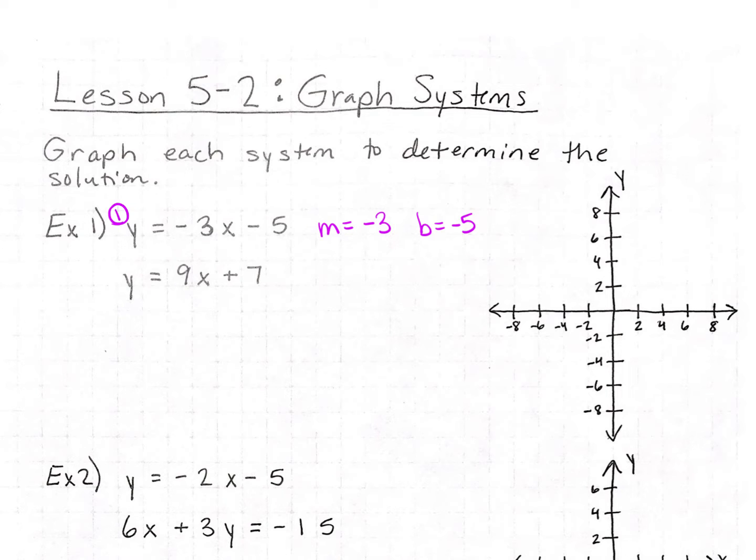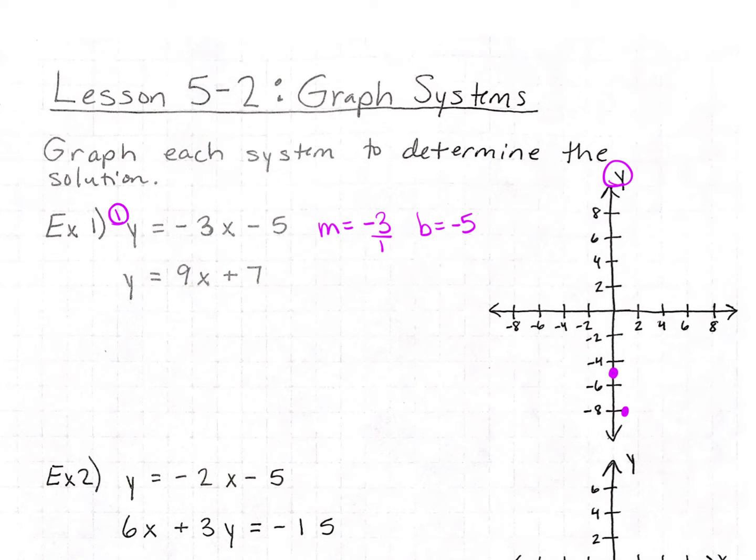So I'm going to plot my starting point, negative 5, on the y-axis. It's right here, halfway between negative 4 and negative 6. Then I'm going to use my slope, negative 3, which I could write as negative 3 over 1, to plot additional points. So I'm going to go down 3, right 1, plot a point.